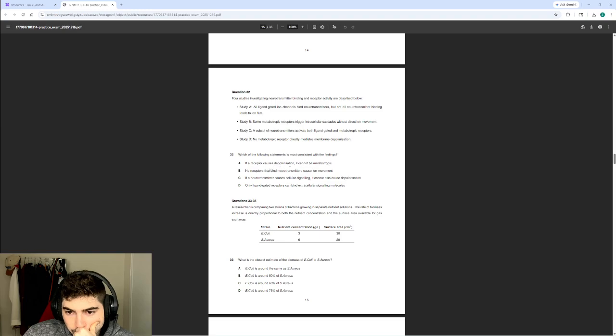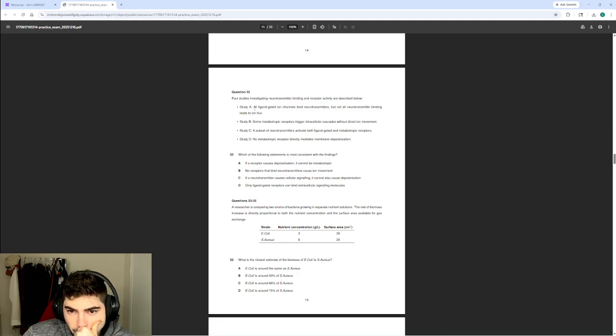Causes depolarization can be metabotropic. I feel like it's going to be quite important because you have to know what that is to then correlate that with the findings of the study.